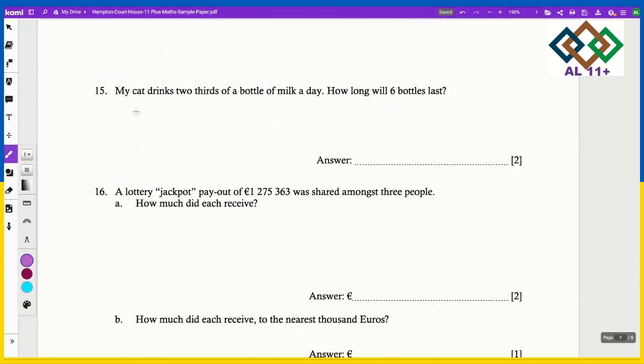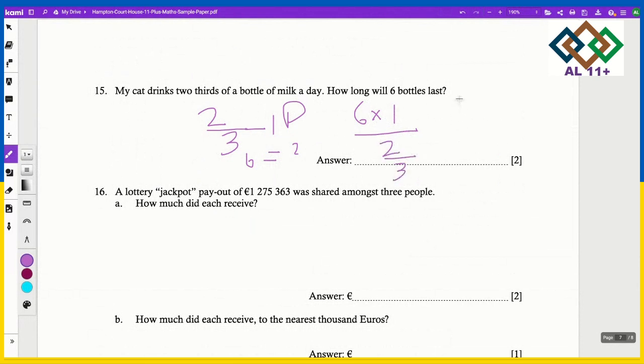Now the next one is my cat drinks 2/3 of a bottle of milk in a day. How long will two bottles last? So 2/3 is for one day, we know that. So for 6 days, you need to find out. So 6 multiplied by 1 over 2/3.